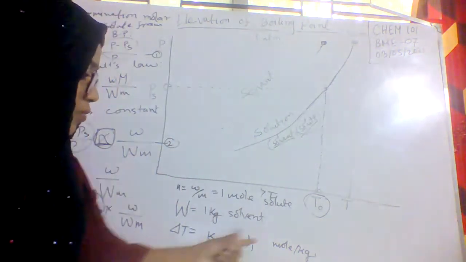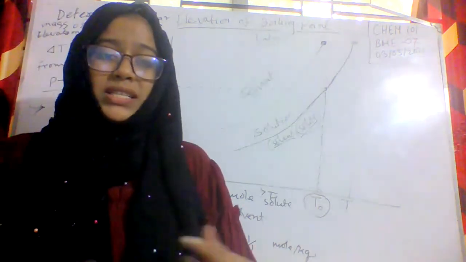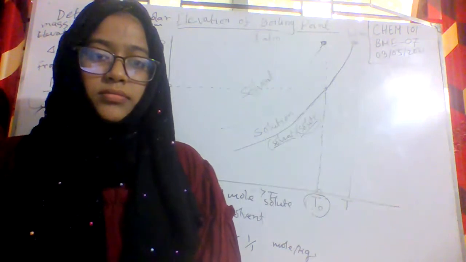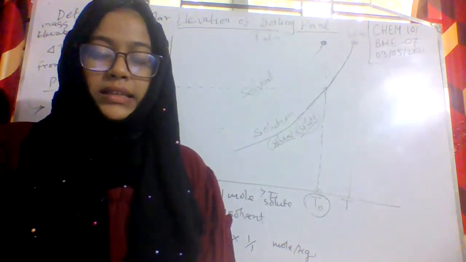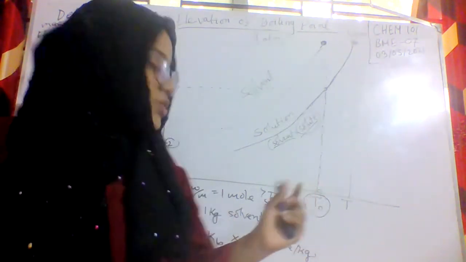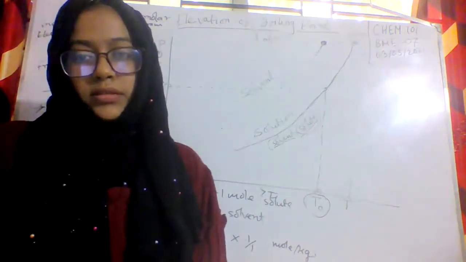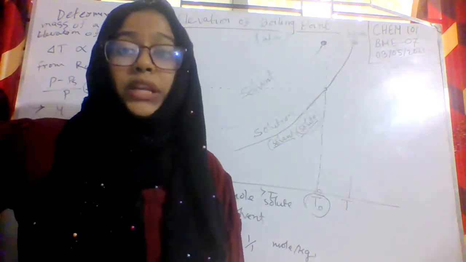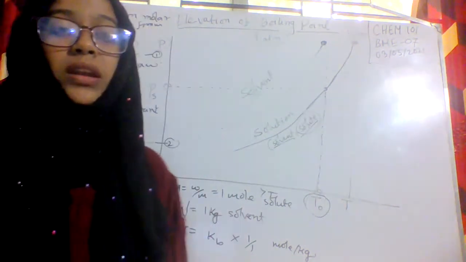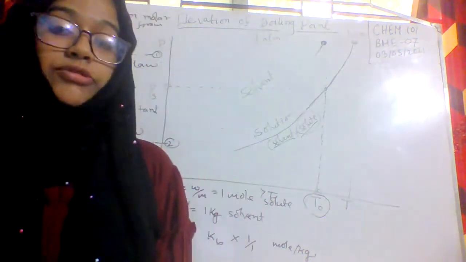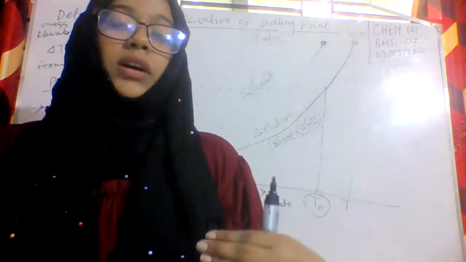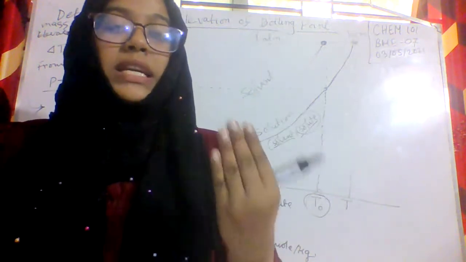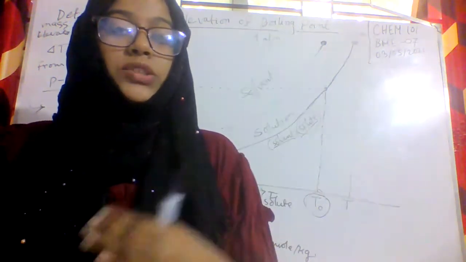Now, mole per kg, what does it indicate? Molality. That's why it is called molal elevation constant. We know from molality that when 1 mole of solute dissolves in 1 kg of solvent, it is called a 1 molal solution.